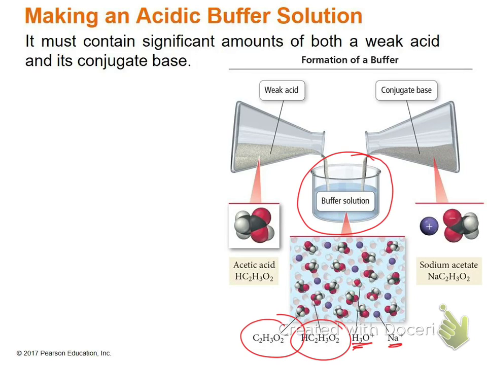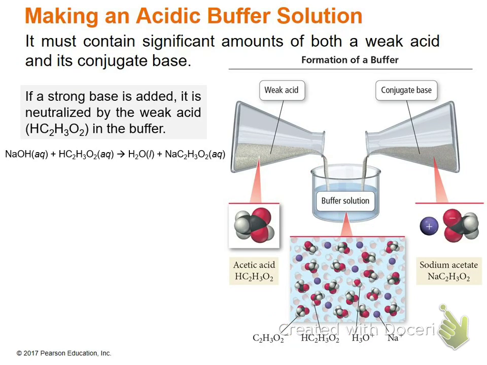If you were to add a strong base into this buffer solution that contains a weak acid and the conjugate base, the strong base, let's say sodium hydroxide, will react with the acid component of the buffer. And the acid component is acetic acid. The hydroxide ion coming from the sodium hydroxide will react with the hydrogen coming from the acid.